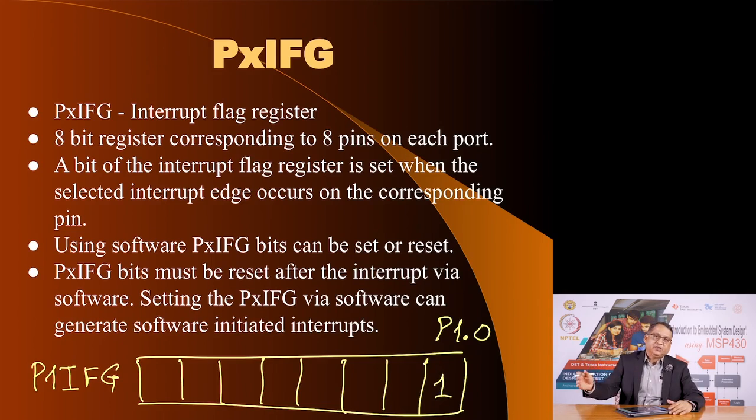It will interrupt the CPU and the CPU will go to the interrupt vector associated with port 1, and from there it will execute the subroutine and you can do whatever you want within that subroutine. That is the meaning of this. Of course, these bits can also be set or reset by software by writing a 1 or 0, and this will generate a software controlled interrupt. Normally you do not want to do that, but that is also possible.